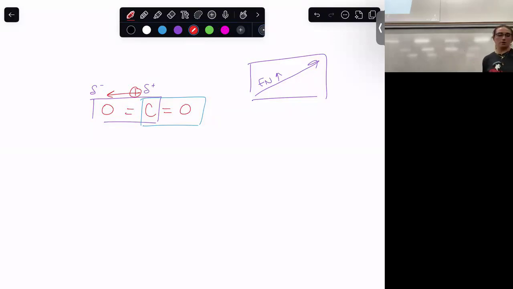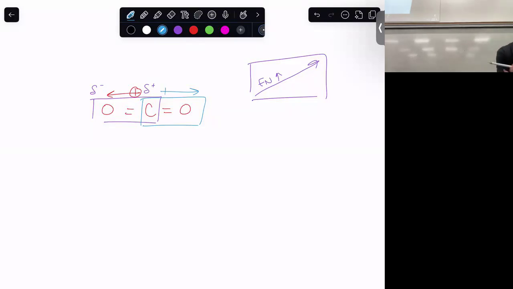Okay, so that's the purple box. For the blue box, is there anything different between that carbon and oxygen? No, right? So it's going to be the same exact thing. That dipole is going to point towards the oxygen. The oxygen's still more electronegative, so it's still going to pull the electrons more.